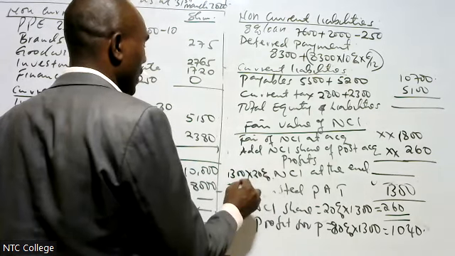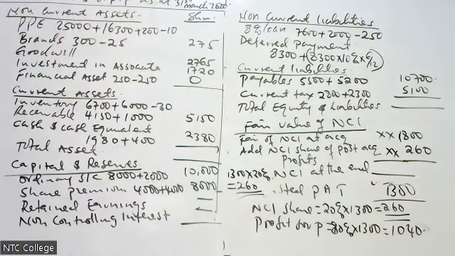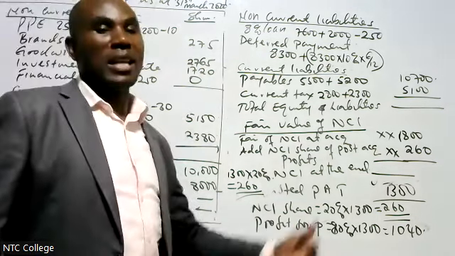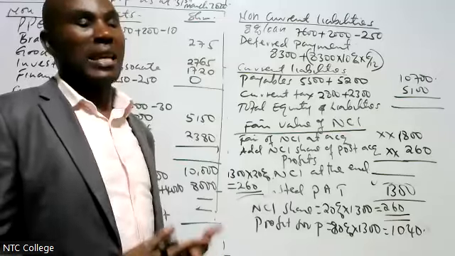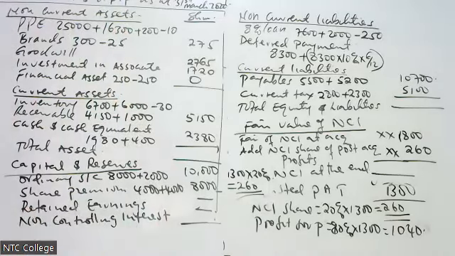If you have forgotten, that is 260, the post-acquisition profit of NCI. You add to the fair value at acquisition. How did we get fair value at acquisition? We took NCI shares times the market price of the shares in S. I'm just reminding you, but I believe you know now.